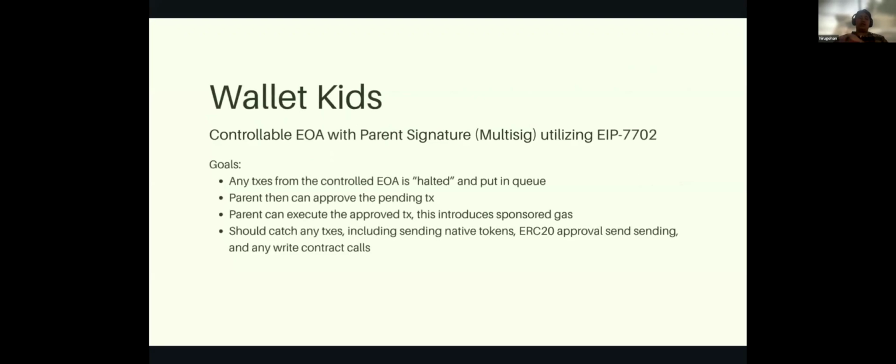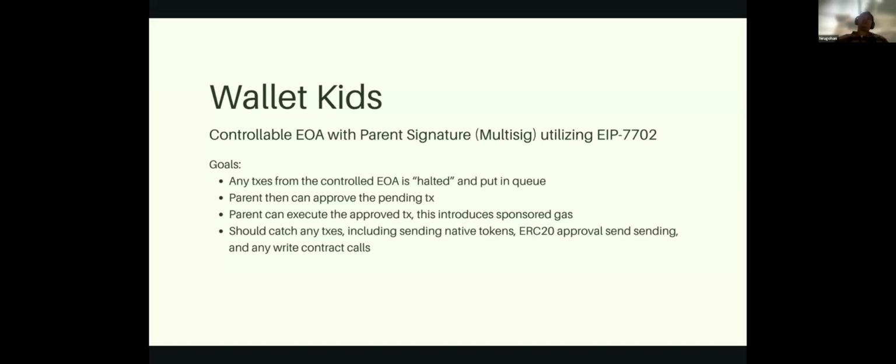So with Wallet Kids, we are trying to implement a way for an EOA to be controllable with a parent signature. It's basically multi-sig, but designed for the use case of kids using their own wallet.